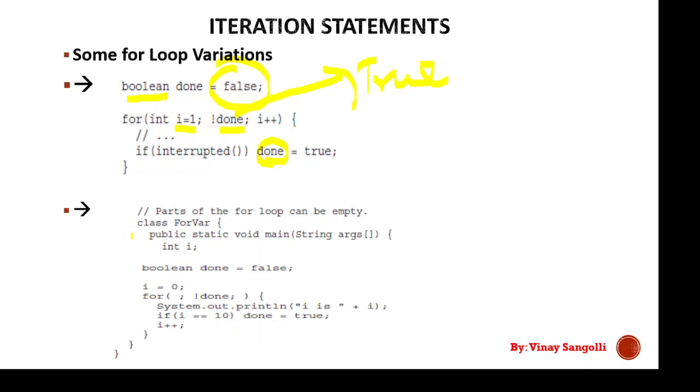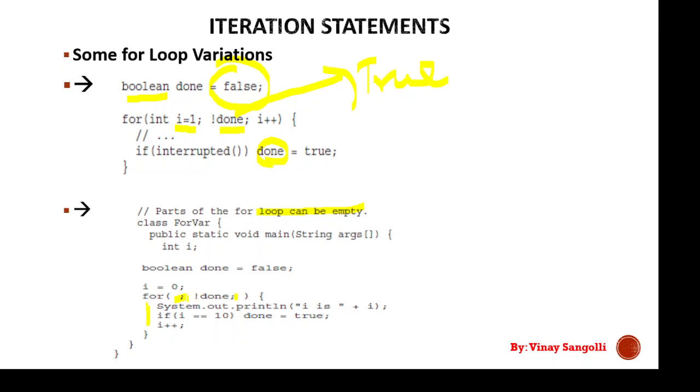The next very important thing is that our for loops can be empty. We can leave the for loops empty without any variables. So what would happen here? If you can observe, the first value is empty, the second value is also empty. We have left them empty. This is usually used when there is some variable inside the for loop using which we want to control the execution of this for loop.